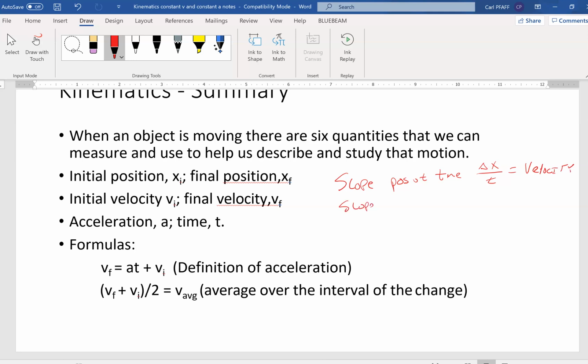The slope of a velocity-time graph, right? Delta v over t, that's acceleration. And initially we'll talk about, is it speeding up? Is it slowing down? So we can get an idea of what the graphs look like. And then we'll put numbers on them like we did before.